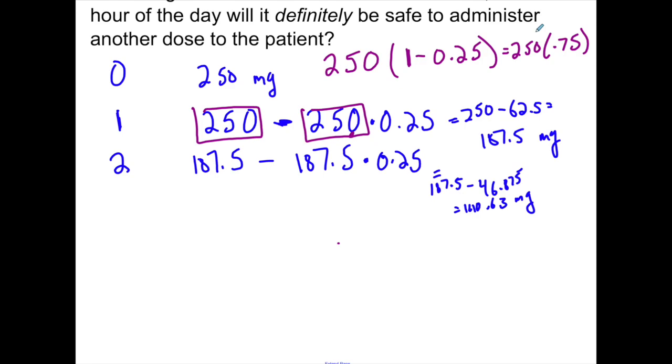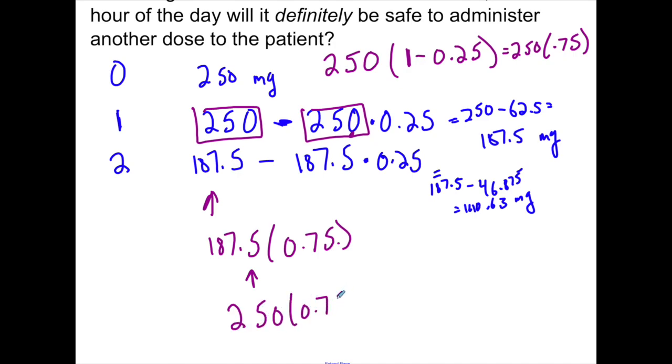Now, we know that 250 times 0.75 is 187.5. So in this step, when we write the 187.5 times 0.75, remember we can take it a step further. Because 187.5 is 250 times 0.75. And then this 0.75 comes down.